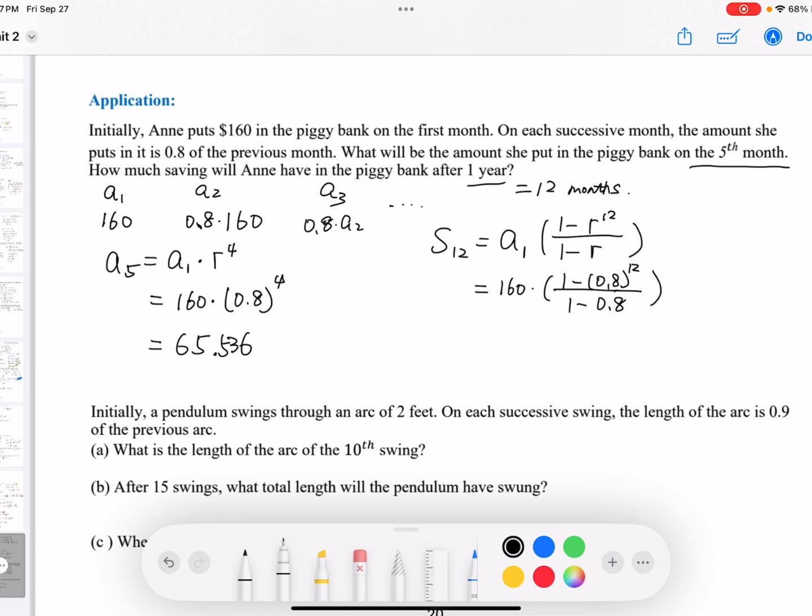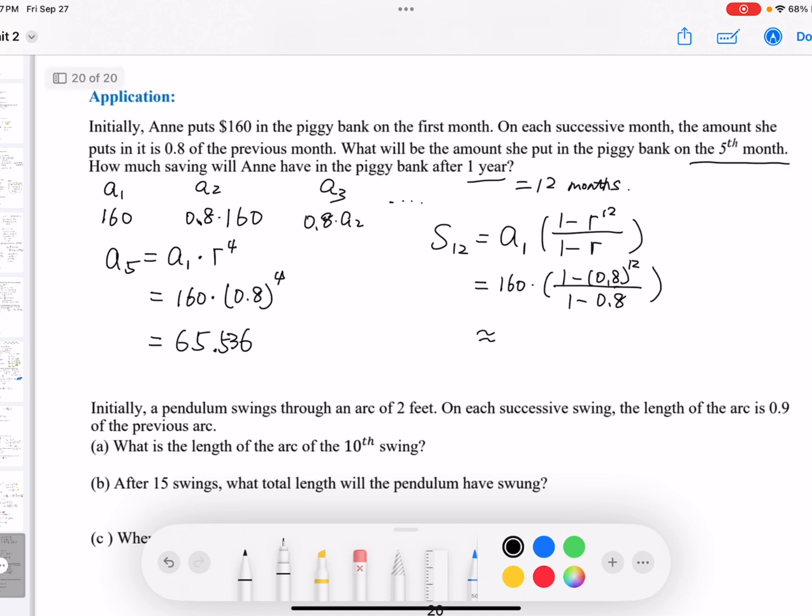So we can plug this in the calculator. We're going to have 745.0244. Okay, so that's the sum of a year she put in the piggy bank.